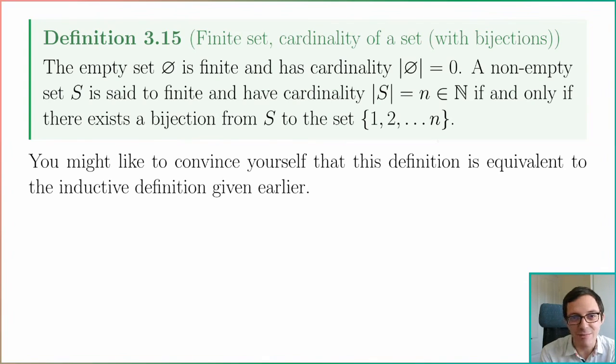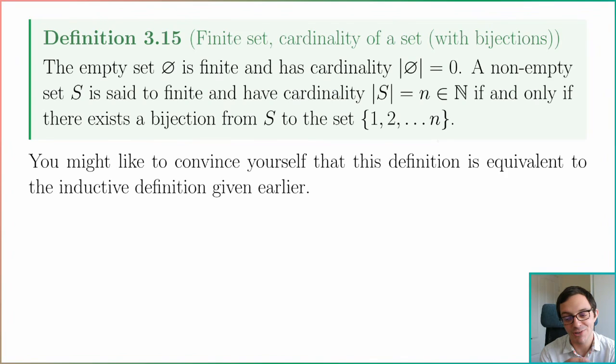If you feel like you've seen this before, it's because this describes the process of counting that you've been doing since you were very small, where you take the elements of your set and you find a bijection from those elements to the counting numbers on the right there. And the rules of a bijection are exactly the rules of counting.